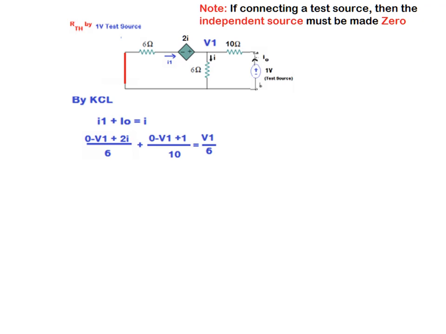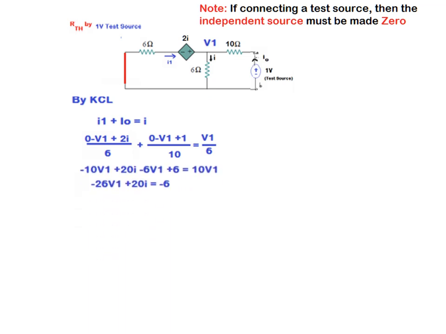Now in terms of voltage: 0 minus V1 plus 2I, and the other one is 0 minus V1 for I, 0 minus V1 plus 1 volt divided by 10, and I is V1 over 6.